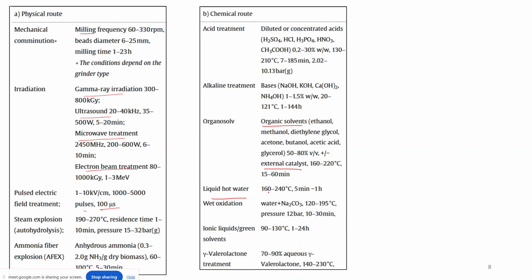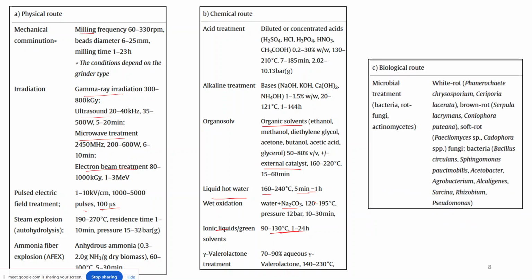In hot liquid water treatment, the temperature is 160 to 240 degrees Celsius, and the biomass is pretreated for 5 minutes to 1 hour. In the wet oxidation process, water and sodium carbonate are used. In ionic liquid treatment, various kinds of green solvents are used in a 1 to 24 hour pretreatment process. And aqueous gamma valerolactone is used, which is also a kind of chemical treatment process.